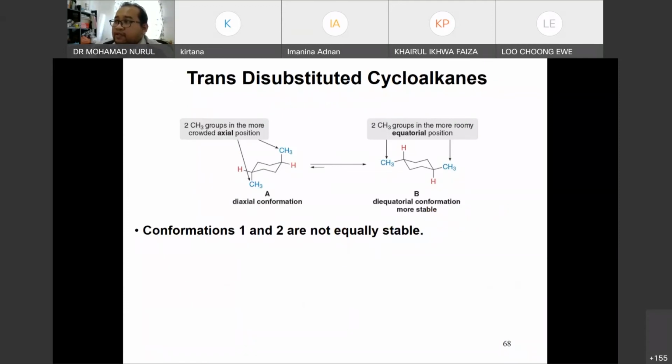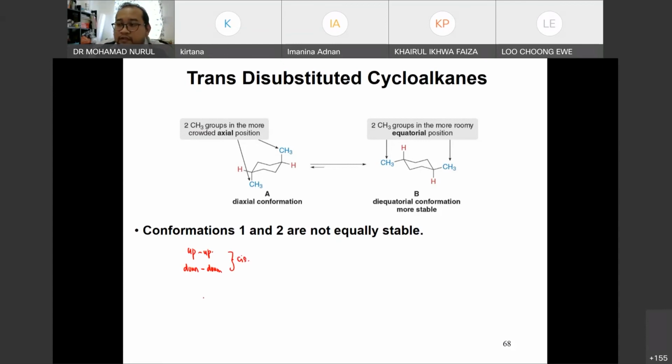For the trans disubstituted cycloalkanes, you have to know trans is in different orientations. What we can summarize in this one, we can put like this: up, up, down, down.